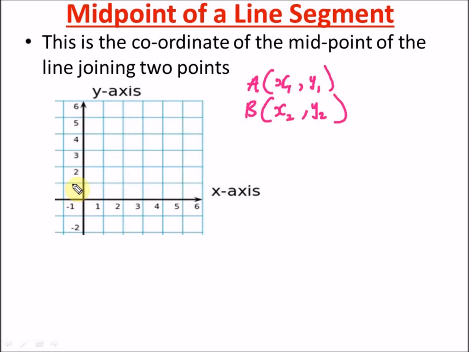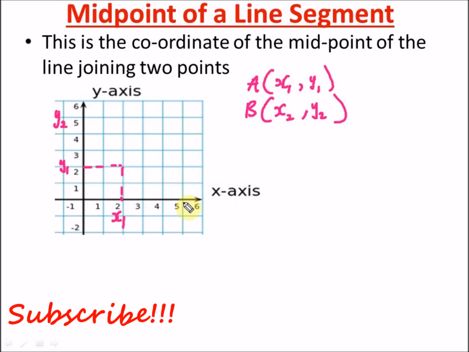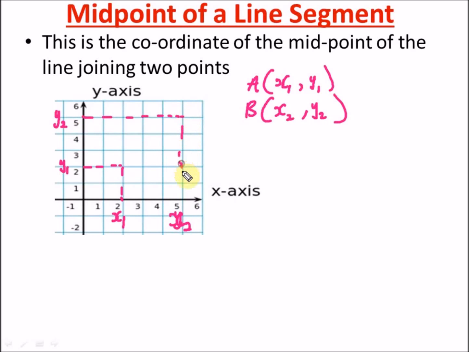Let's assume this is point A. We're trying to trace point A, so let's give this as y1 and here x1. Let's trace this. We have this, and let's give this as y2, and let's stop here as x2. This is the x-axis, and let's trace this down here.